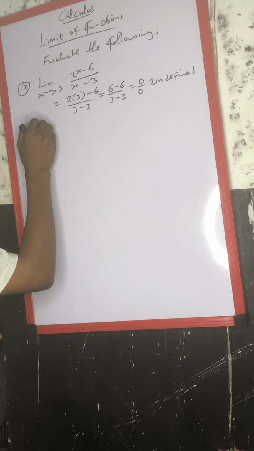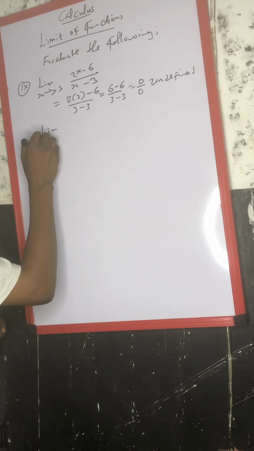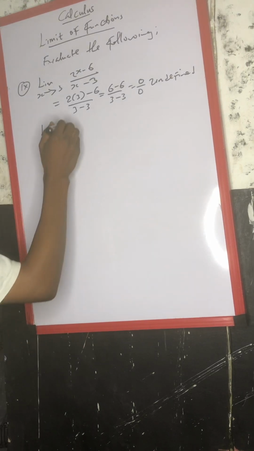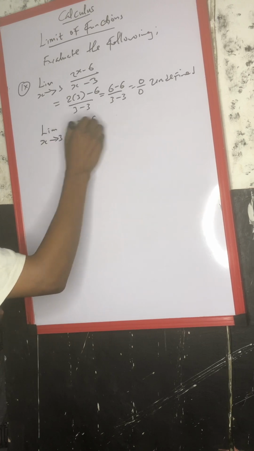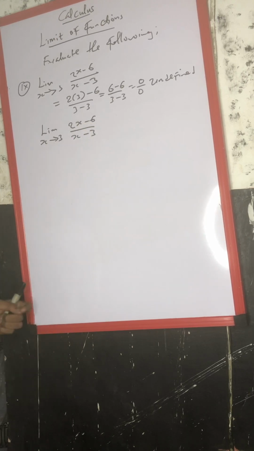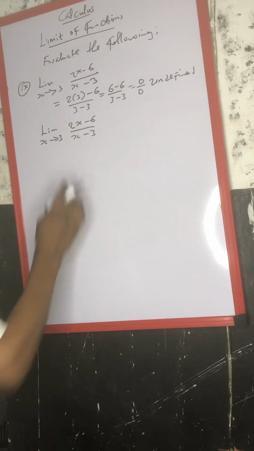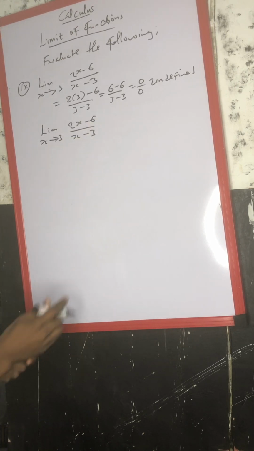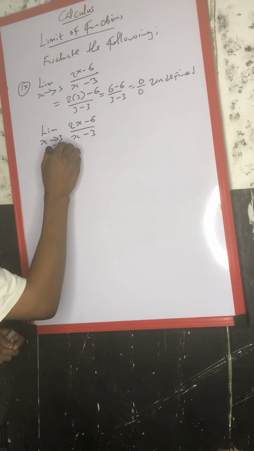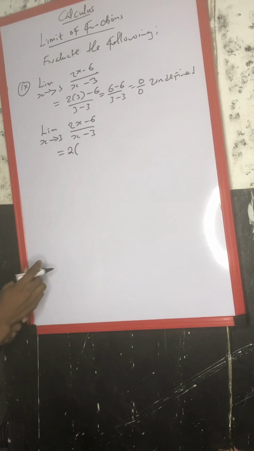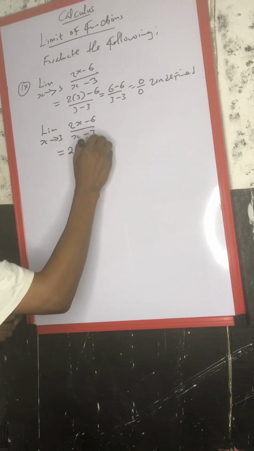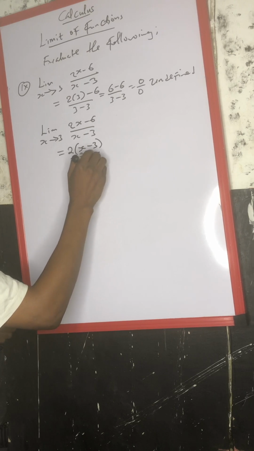Then you can simplify that expression. It becomes the limit as s approaches 3 of (2s - 6) over (s - 3). If you observe here, 2 and 6 have a common factor, so you can factorize the numerator. If you bring out 2, you'll be left with s, and 6 divided by 2 is 3, so minus 3, all over s - 3.